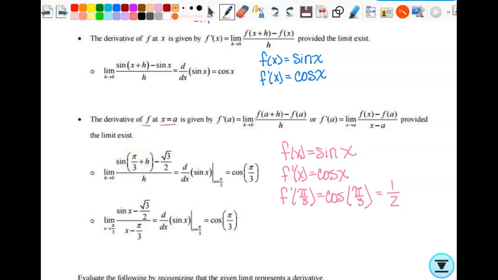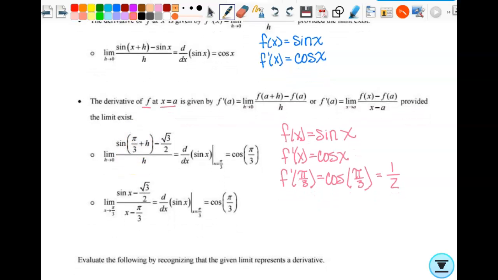Yet another way you could see it, instead of h approaches 0, is the limit as x approaches pi thirds, or x approaches a number. So if it's not an h here, if it's an x, then you just grab your function from that right there. And again, if we substituted it in here, we'd get 0 in the denominator, so we can't just do that. We look at this and we know that f of x is sine of x.